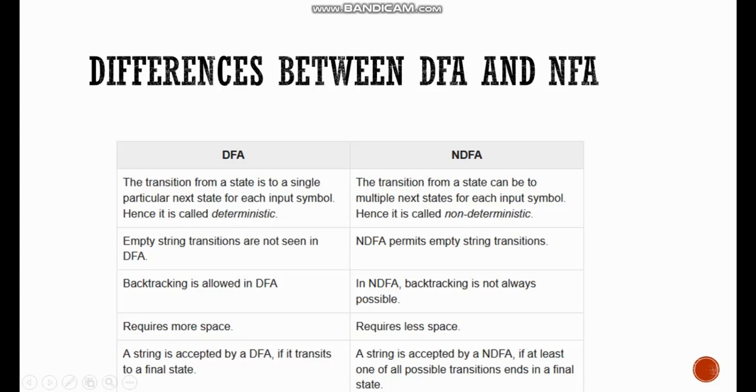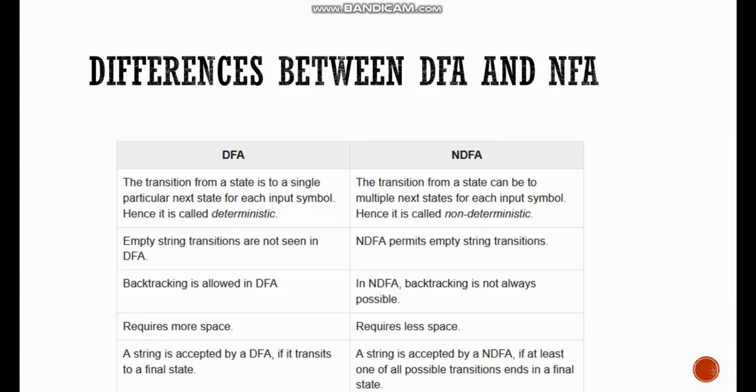Let's get to the next point: differences between NFA and DFA. In a DFA, the transition from a state is to a single particular next state for each input symbol. Hence, it is called deterministic.